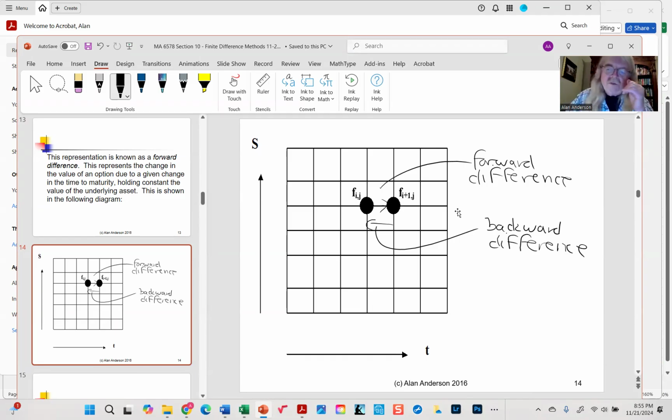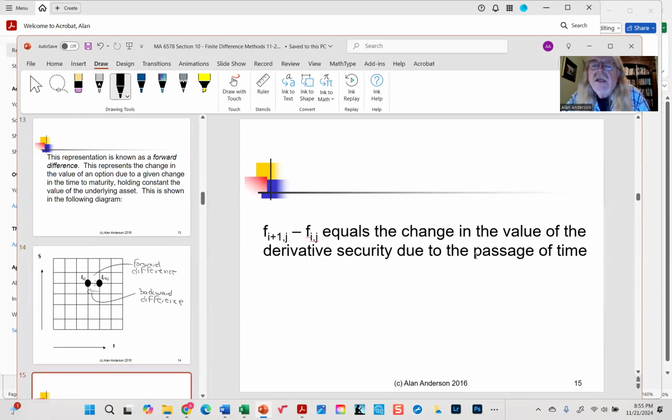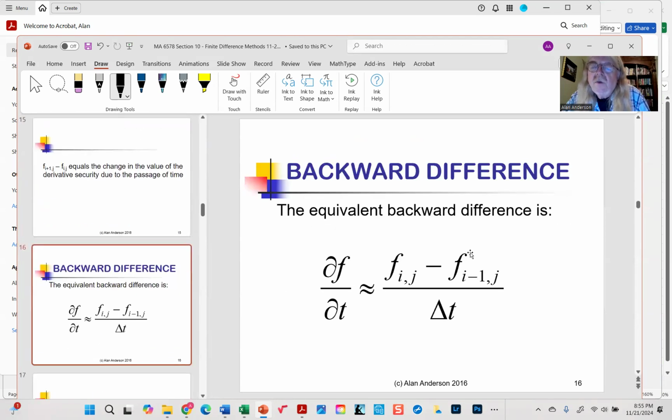Now, you're probably wondering, which one should we use? It depends on what we're trying to do. Sometimes one approach works better than the other. Sometimes it doesn't make any real difference. But you can see here that what's changed is that instead of i plus 1 and i, the backward is this one.